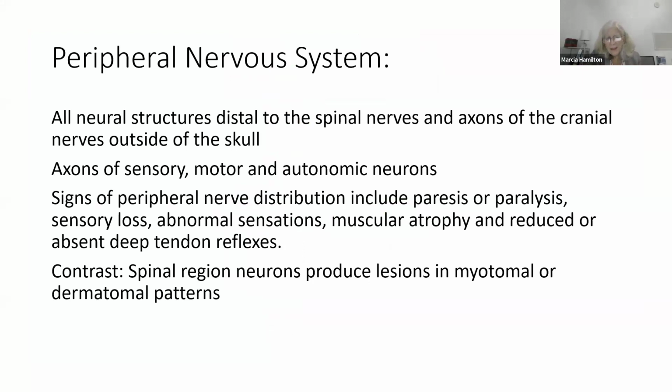So basically, the peripheral nervous system will be all the neural structures distal, so further away, from the spinal nerves. And at the point in which something becomes a peripheral nerve, we have an upper motor neuron, so that would be coming from the brain and going down to the anterior horn.